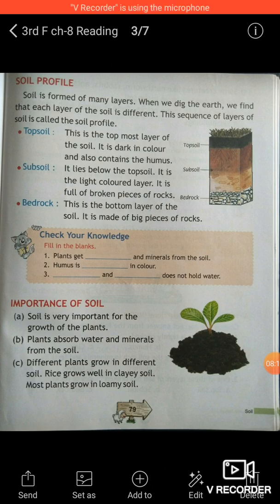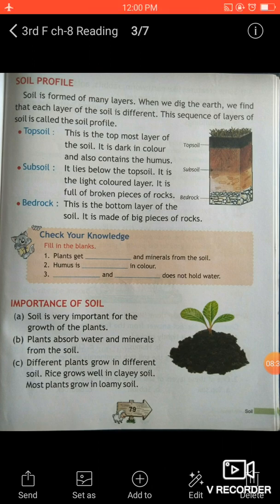Now see, first of all, on the top there is topsoil. This is the topmost layer of the soil. It is dark in color and also contains humus. Number 2, subsoil. Subsoil is between topsoil and bedrock. It lies below the topsoil. It is a light colored layer.